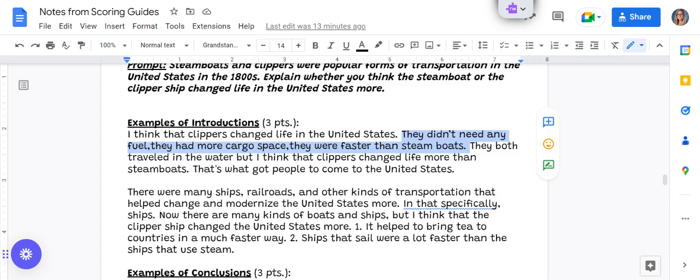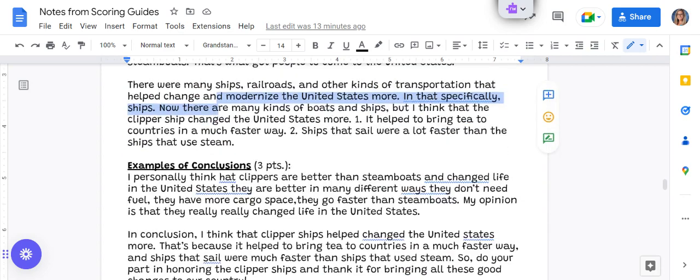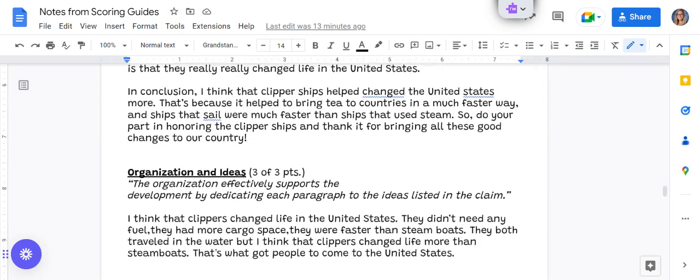Because they didn't have fuel, they had more cargo space, they were faster. And then it says they both traveled in the water, but I think that clippers changed life more than steamboats. That's what got people to come to the United States. So great introduction. And then the next, this is another introduction, and these are the conclusions.